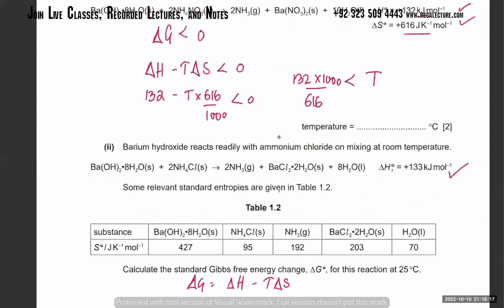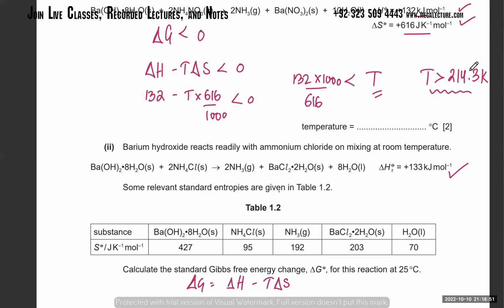What temperature did we get over here? 1, 3, 3, 214.3. So degrees, that means Celsius, or Kelvin or centigrade. You remember this? This is in Kelvins. The equation gives you values in Kelvins, right? So you have to convert that into centigrade.